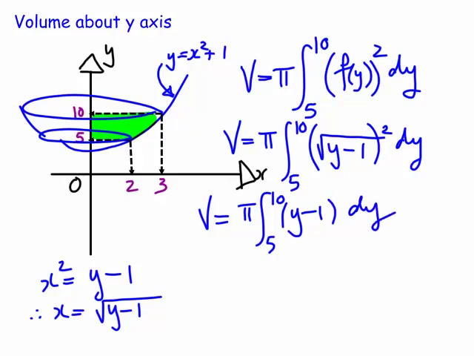That's nice because now we just integrate: y squared on 2 minus y, and evaluate that between 10 and 5.